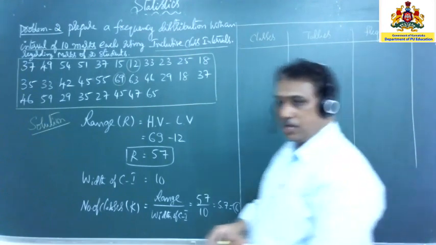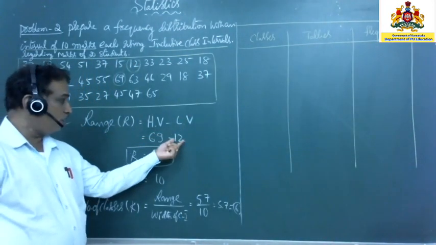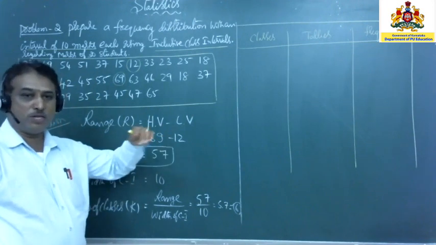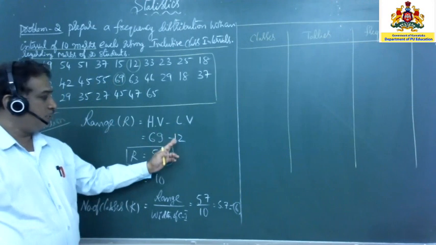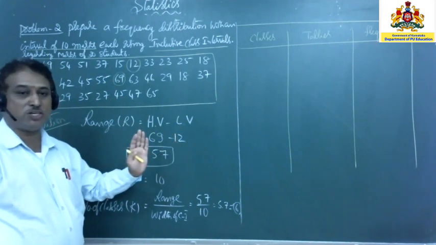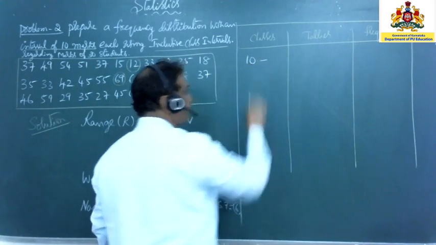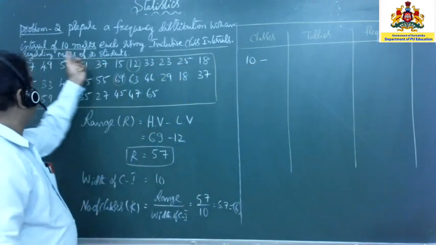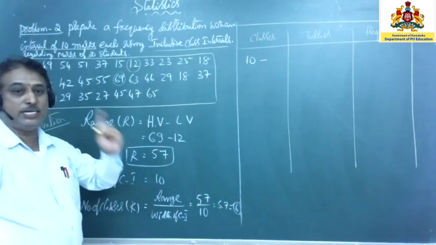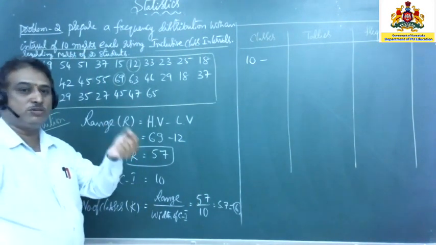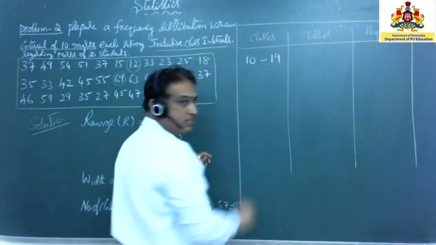Why do we have to write the range according to the lowest value? We have to start with the first class. The lowest value is 12, so you can start from 10. The width is 10. 10 plus 10 is 20, but it is the inclusive type of class interval, so you should take one less, that is nothing but 19.